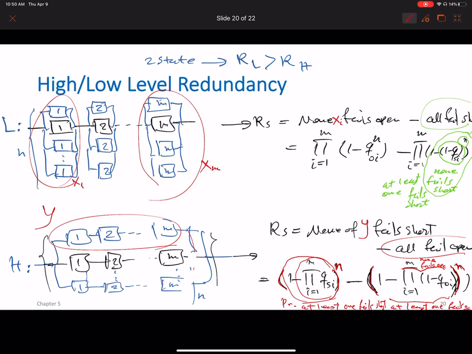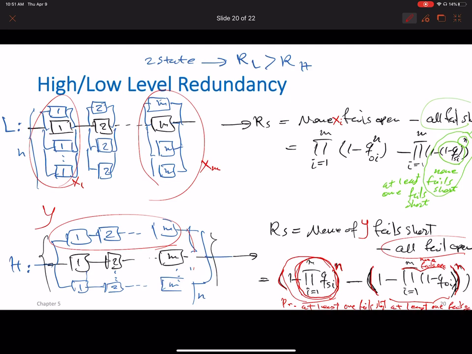Sorry, I made a mistake here. This circle tells you the probability that all of them fail short. And this Y fails short when all of them fail short. And 1 minus that is the probability that at least one of them doesn't fail short. And if that's the case, we have control over that series structure, and that part doesn't fail short. Okay? So we want at least one of them to not fail short.